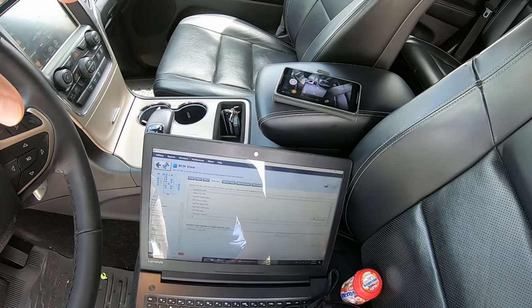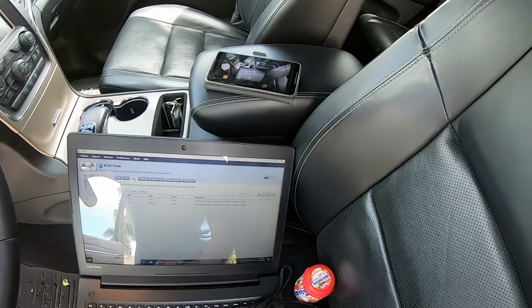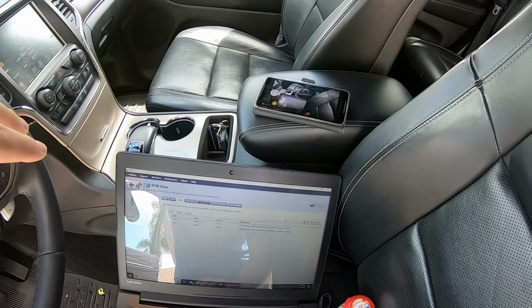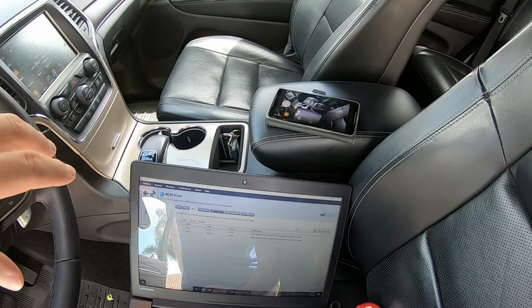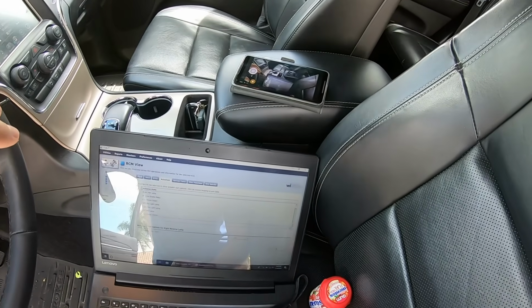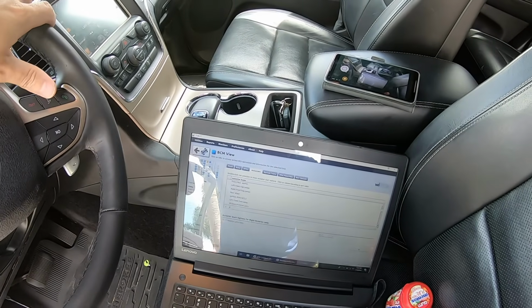Turn the lamps off again. Left reverse lamp 2. Oh, maybe it's the... Huh. Wonder what it could be. Left reverse lamp.